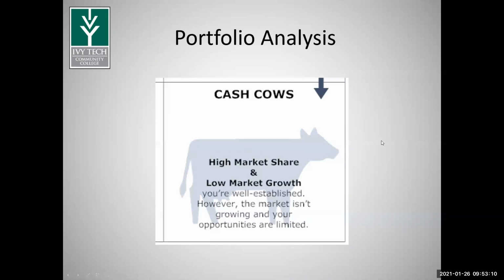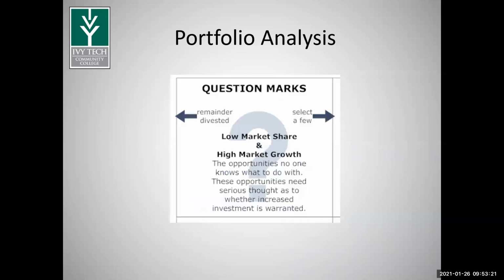Cash cows, on the other hand, if the market's not growing, your opportunities to grow are very limited, but you're profitable. And so what you want to do is milk that cow as long as you can. The question marks, you've got the opportunities, but you don't necessarily know how to move it, and you have to develop a strategy to move into that category because this is not a high profit category where you are now.